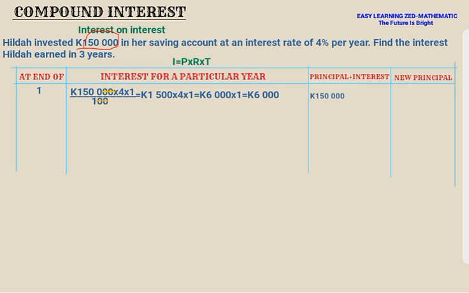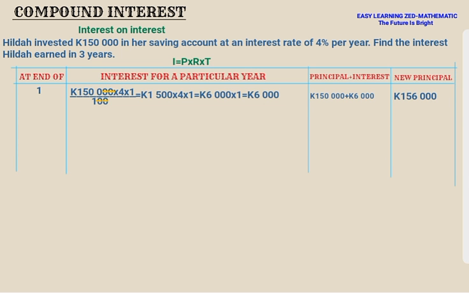Then she made the interest of 6,000, the one of second down here. Then we add those, and it's going to give us 156,000 kwacha. That was the money in the account at the end of the first year.